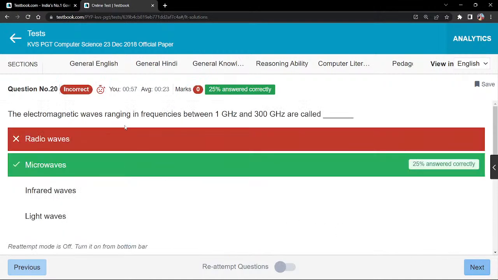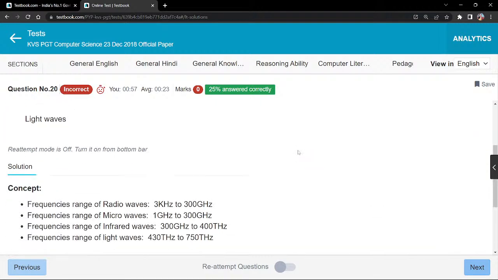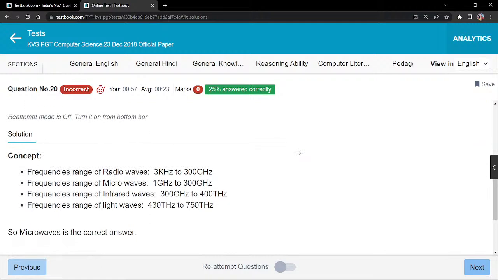The electromagnetic wave ranging in frequency from 1 GHz to 3 GHz is called microwave. The frequency of radio wave is 3 kilohertz to 300 gigahertz. Microwave is 1 gigahertz to 300 gigahertz.